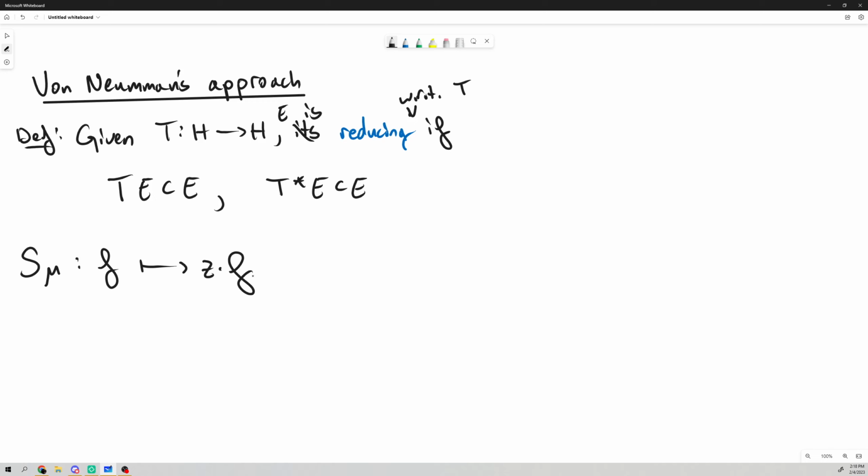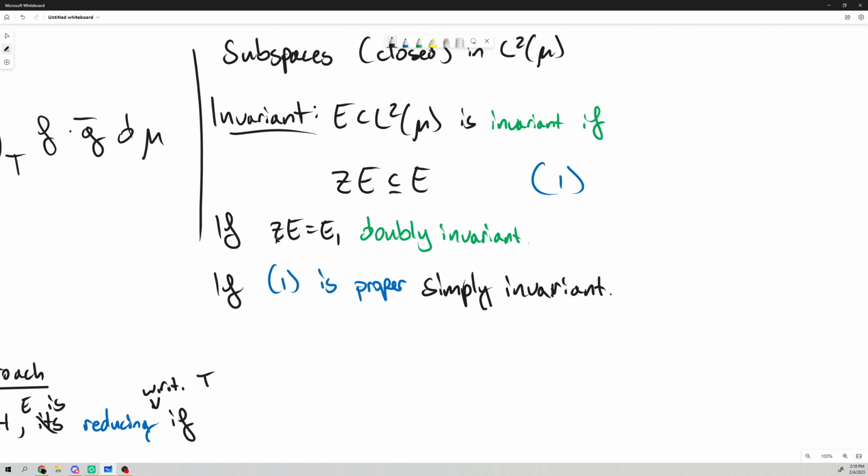So you can restate things in terms of this. Think about it for a second. When we were talking earlier about this equality, you can also say that this is equivalent to having ZE as a subset of E and having Z bar E as a subset of E. This is the same thing. Why is that the case?